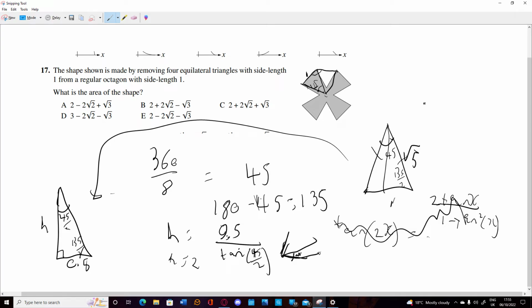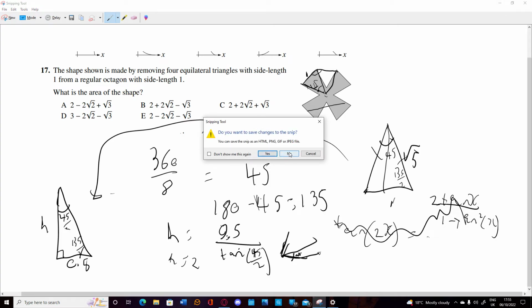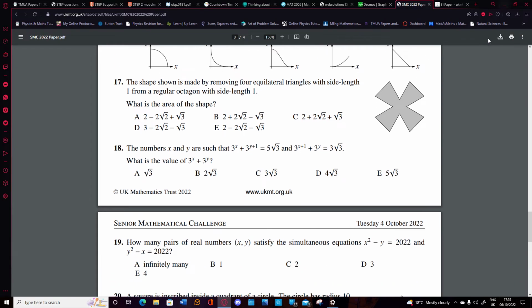The area of this would be. Let's actually come back to. I'm going to be honest, I would go a similar method to this, but what I would do is use sine instead of tan. But yeah, just let me know in the comments how you guys would solve this. Let's skip that one.